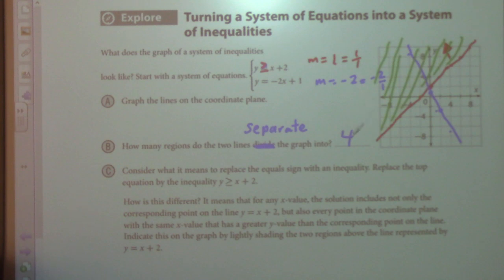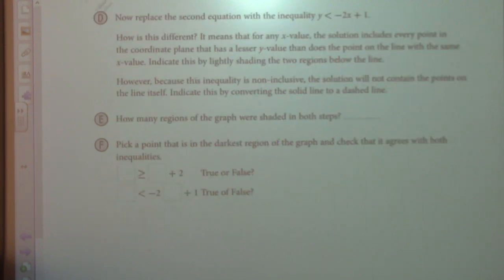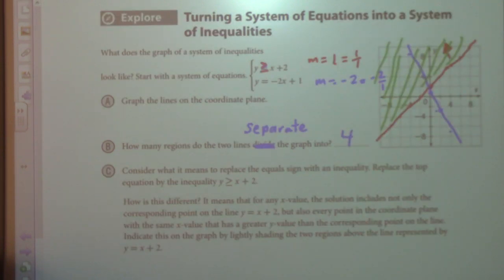And so next we're going to turn our attention to the blue line, and it says replace the second equation with inequality y is less than. So I'm going to go back here and make this a less than 2x, negative 2x plus 1. And so what kind of line do we need to have for less than?